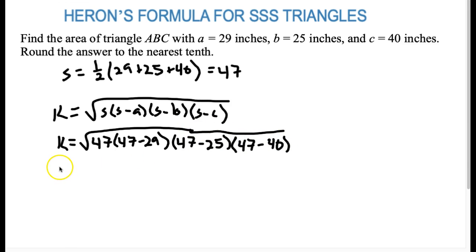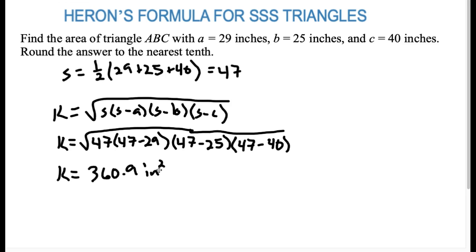All right, and we can just plug all of that into the calculator. And again, I'm just going to do it on my calculator here, save a little bit of time. And I think if we round to the nearest tenth, that comes out to about 360.9, and we are given units, so square inches.